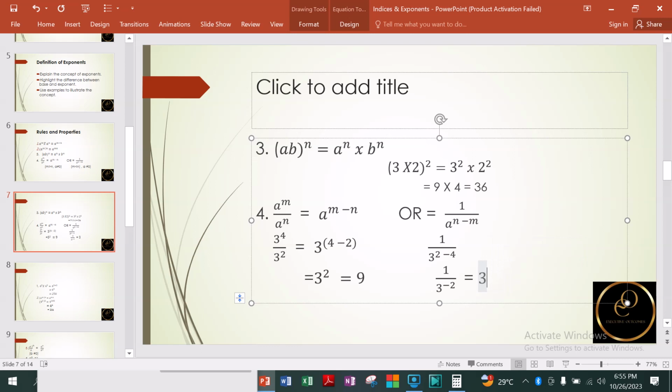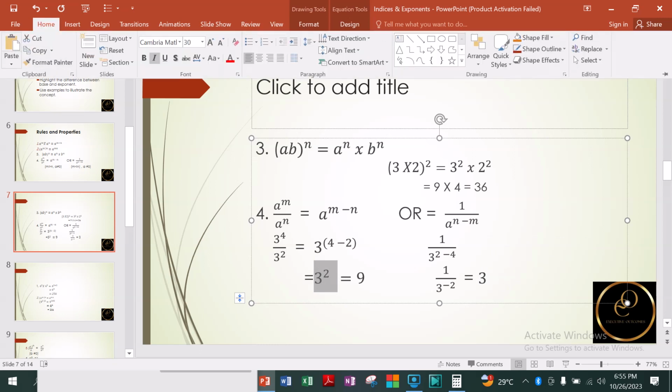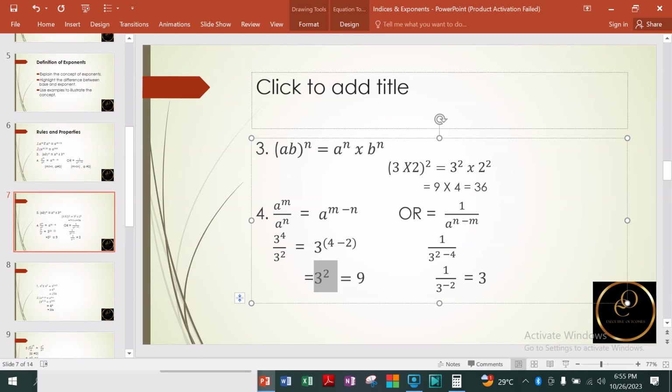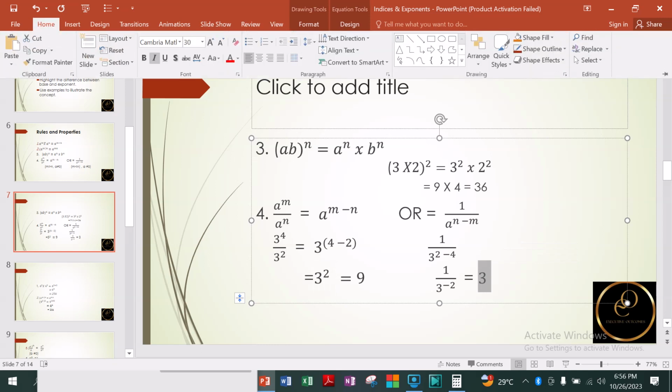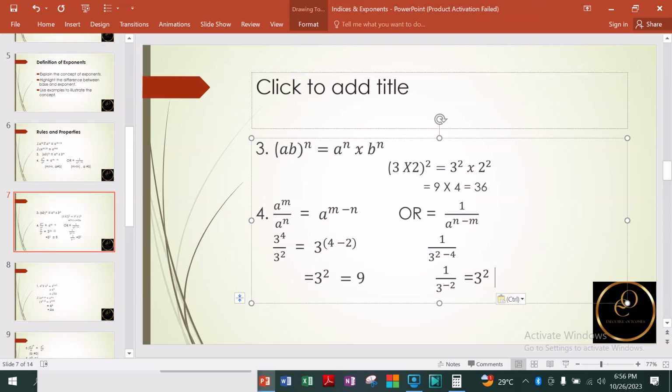It will be actually this one transforms into that, which simply means that it will be coming out the same as the 9. Yes, that's what it is. Okay, so that's how that is done.